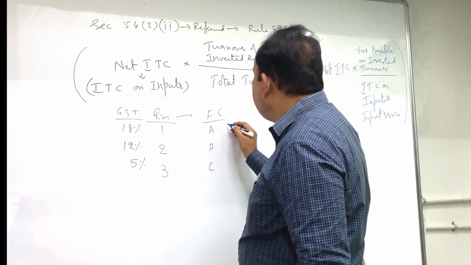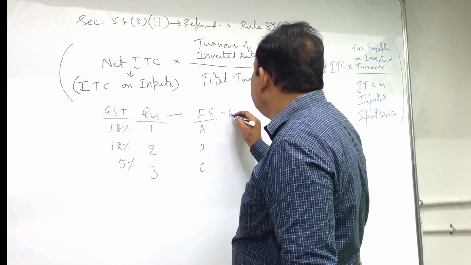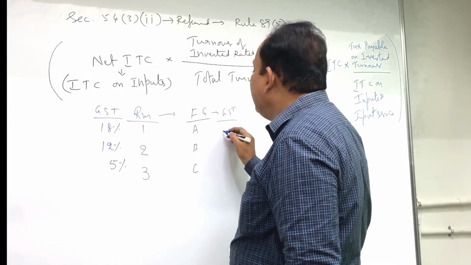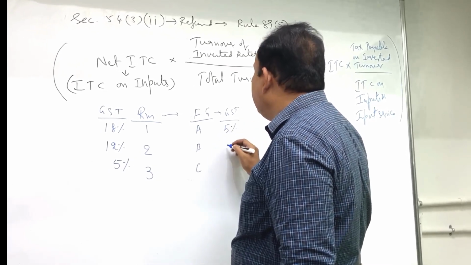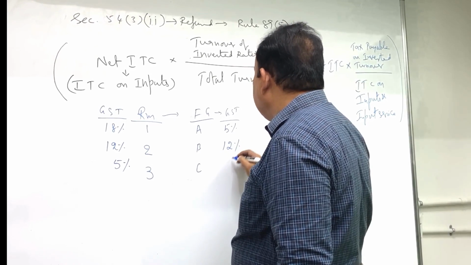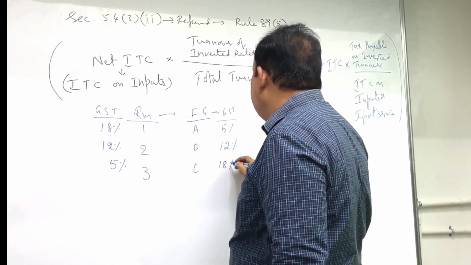The finished goods GST, let us say here it is 5%, here 12%, here finished goods 18%.